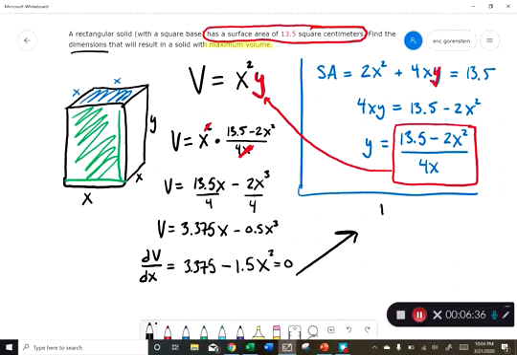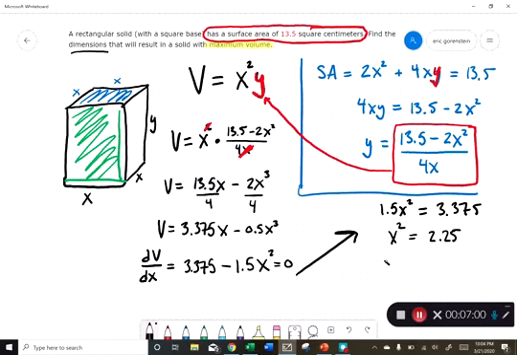So we need 1.5x squared to be equal to 3.375. If we divide both sides by 1.5, we'll have x squared is equal to 2.25, and take the square root of both sides.